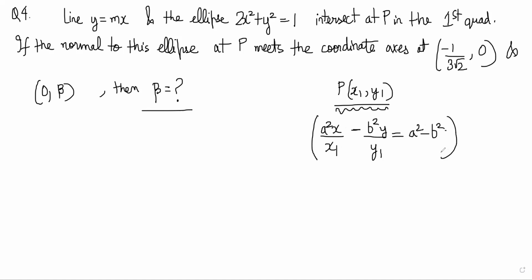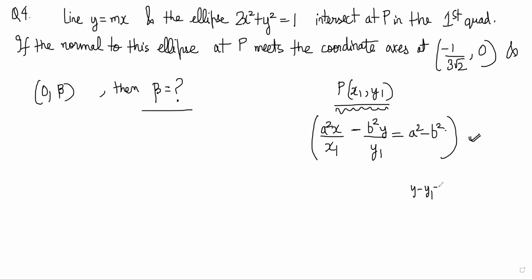Generally, this is not a form that I ask people to remember, but if you know it, it is faster. Generally, you get the normal equation by finding the tangent equation and the slope, and then doing y minus y1 is equal to m into x minus x1.